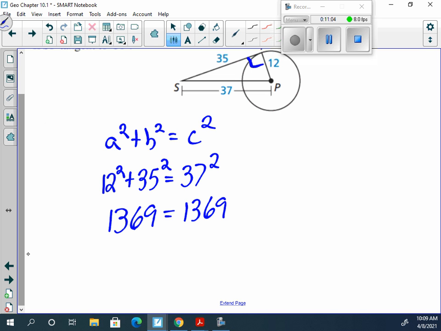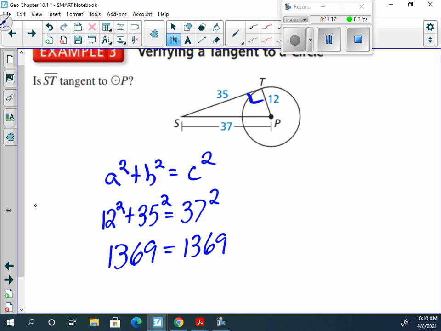I have a feeling this is going to be 1,369. So at this point here, we just really need to use the Pythagorean theorem to determine if this is a tangent line, if these two are tangent to each other. Any questions on any of this here so far?